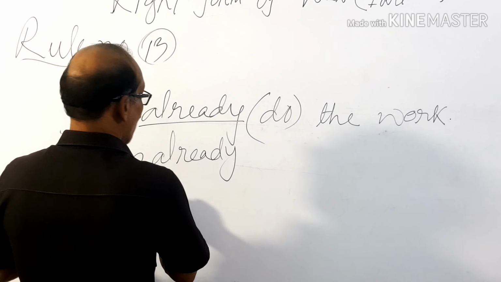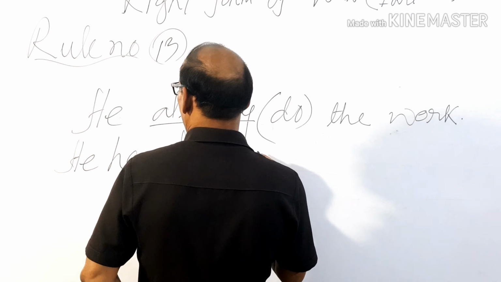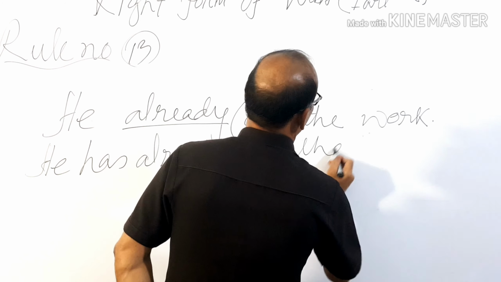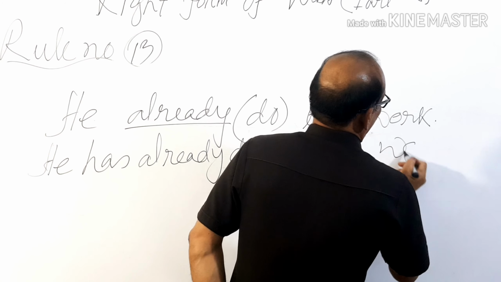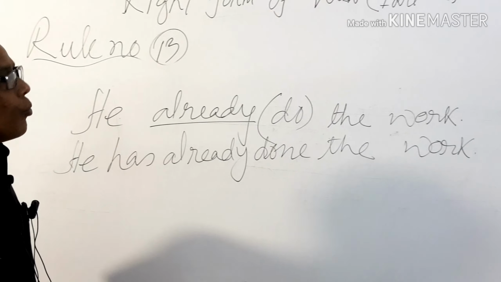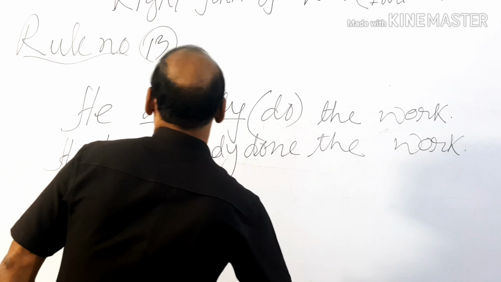Do here, according to the structure, will take the third form. He has already done the work. So in this way, you will solve other problems.